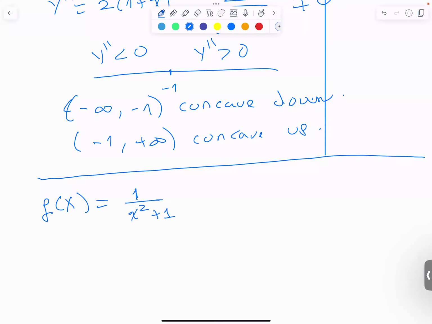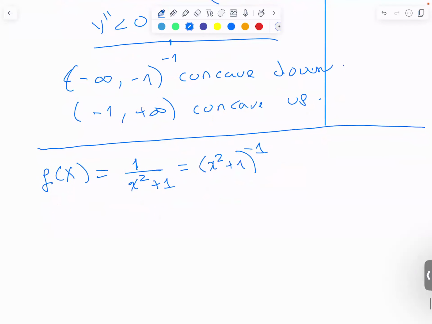Now, this one is interesting here. We can rewrite this as x squared plus 1 to the -1, and we can find the domain. The domain is all real numbers.